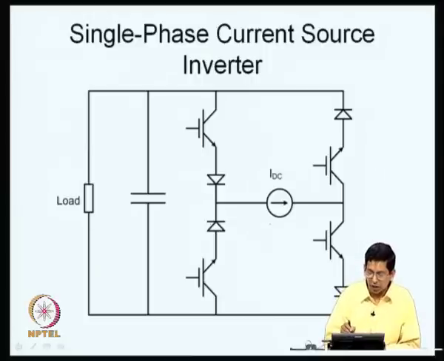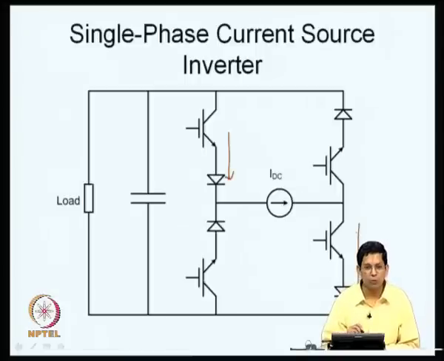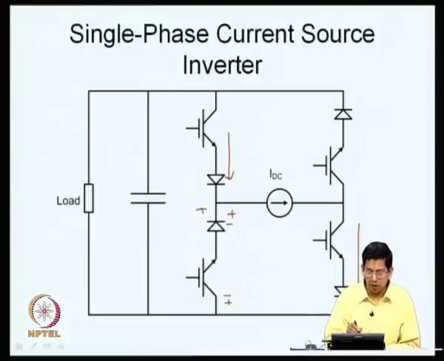If the current is flowing in this direction as it is, and these two devices are on, current flows in this direction, and this blocks a potential which can be of either polarity. A potential of this polarity is blocked by the diode, and a potential of opposite polarity could be blocked by the transistor, and therefore, you have a bidirectional voltage blocking capability here.